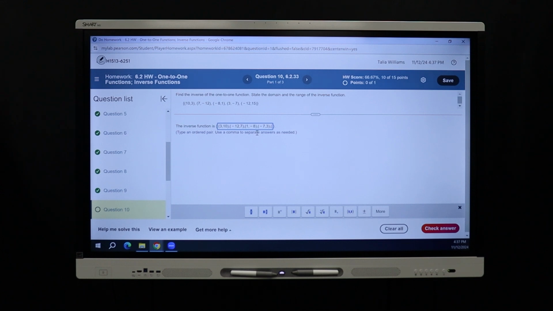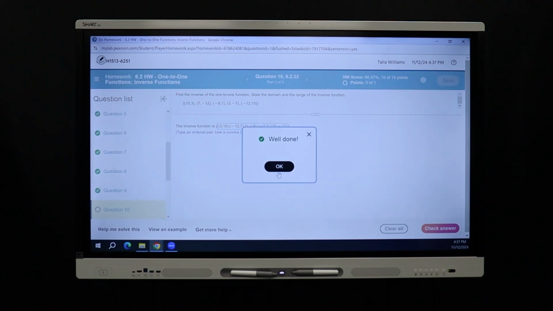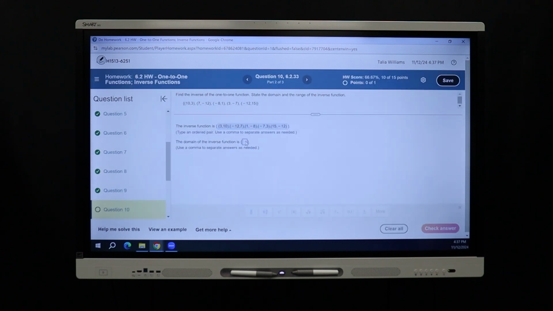And 15, -12. It's just kind of hard to look at. Check parentheses and commas. 3, 10, -12, 7. 1, -8, -7, 3. 15, -12. Whew, I feel like I'm going cross-eyed looking at this.